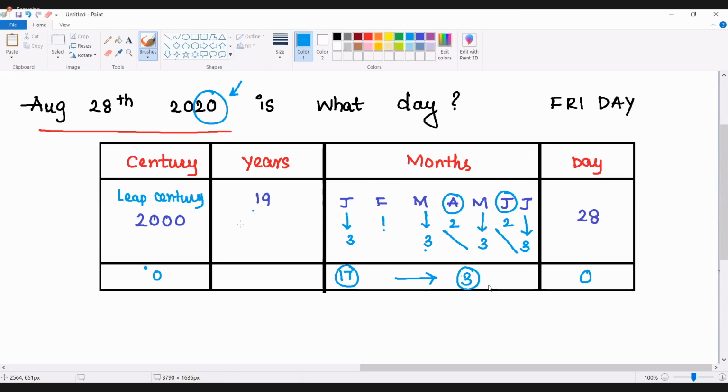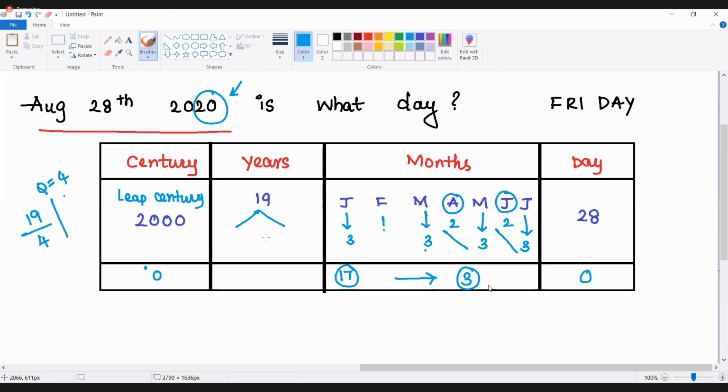And 19 years are there. In 19 years, all the years are not leap years, all the years are not non-leap years. Some of them are leap years, some of them are non-leap years. How many leap years are there? For that, what you do is take the number of years, divide with 4, observe your quotient. So 4 fours are 16.